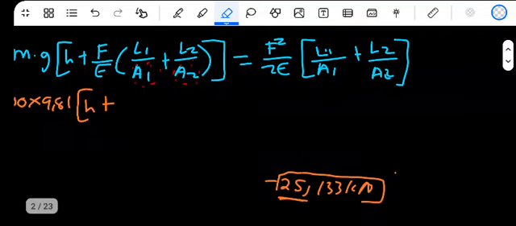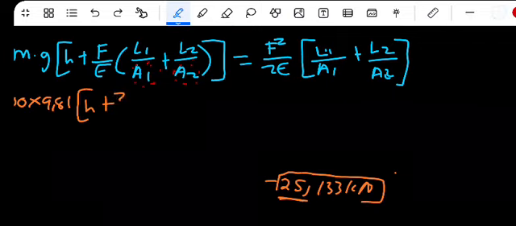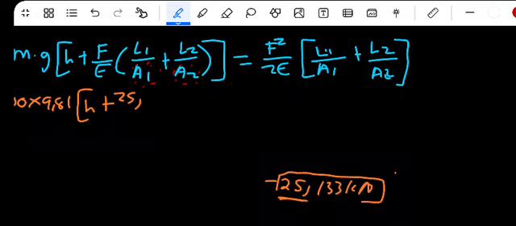Since it's in kilonewtons, you can convert that. It's the same as times 10 to the power of positive 3.